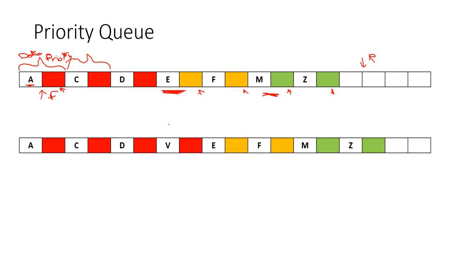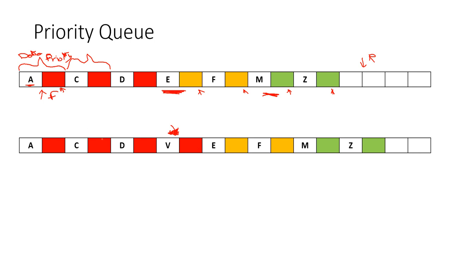So in this example, we've introduced V of high priority. So when it's had to come into this queue, it's had to go and search through, based on its priority, where it should put it in.